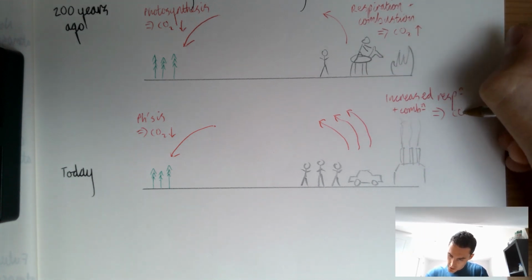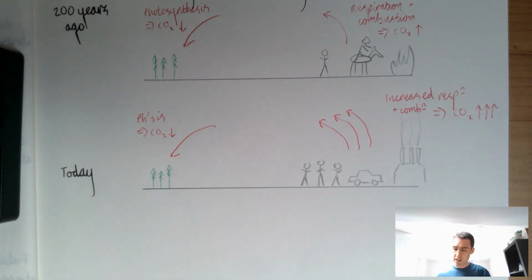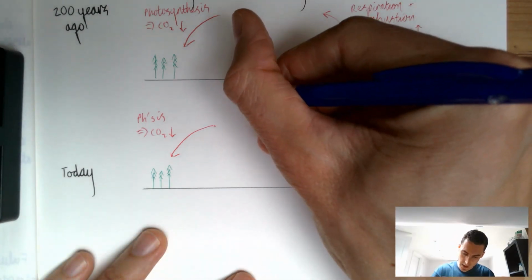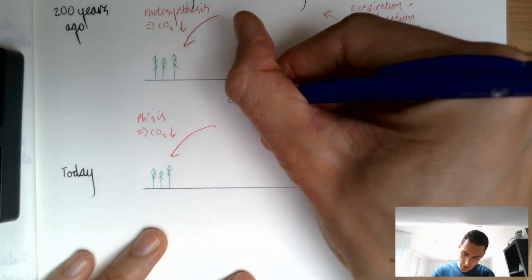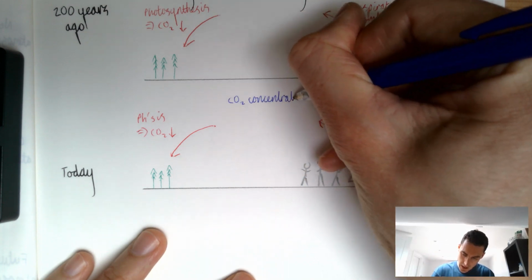So CO2 doesn't just increase, it's increasing a lot. And then I could maybe even add a final element to my diagram to say CO2 concentration overall increases.